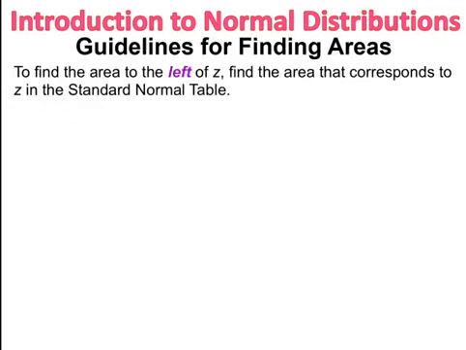So now here are the guidelines for finding areas. To find the area to the left of the z, you find the area that corresponds to the z in the standard normal table, or what we represent in the calculator. So when the area is shaded to the left, that's considered standard, and you would use the value you find.